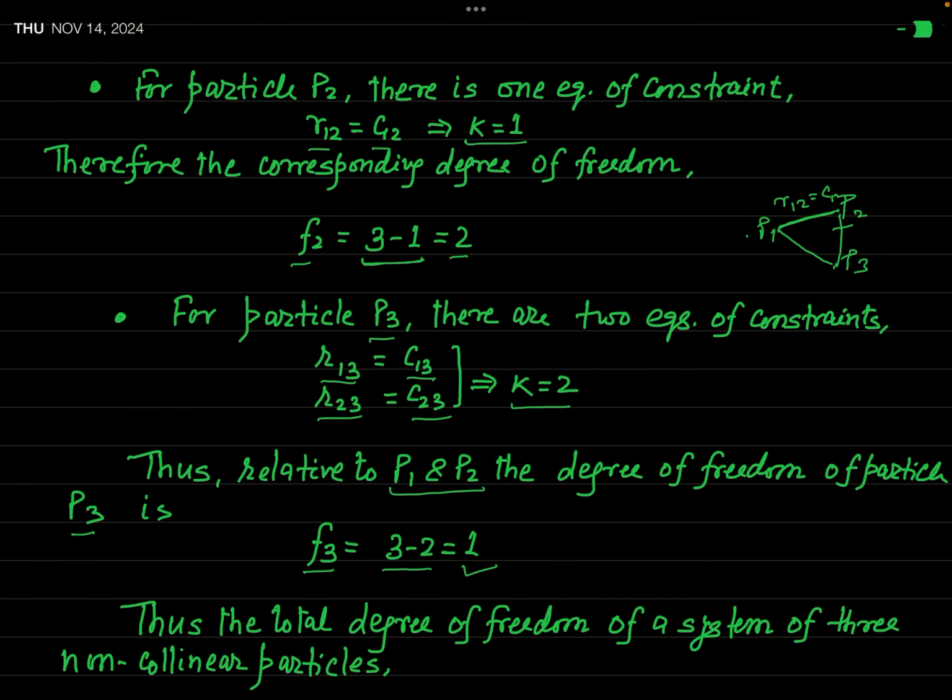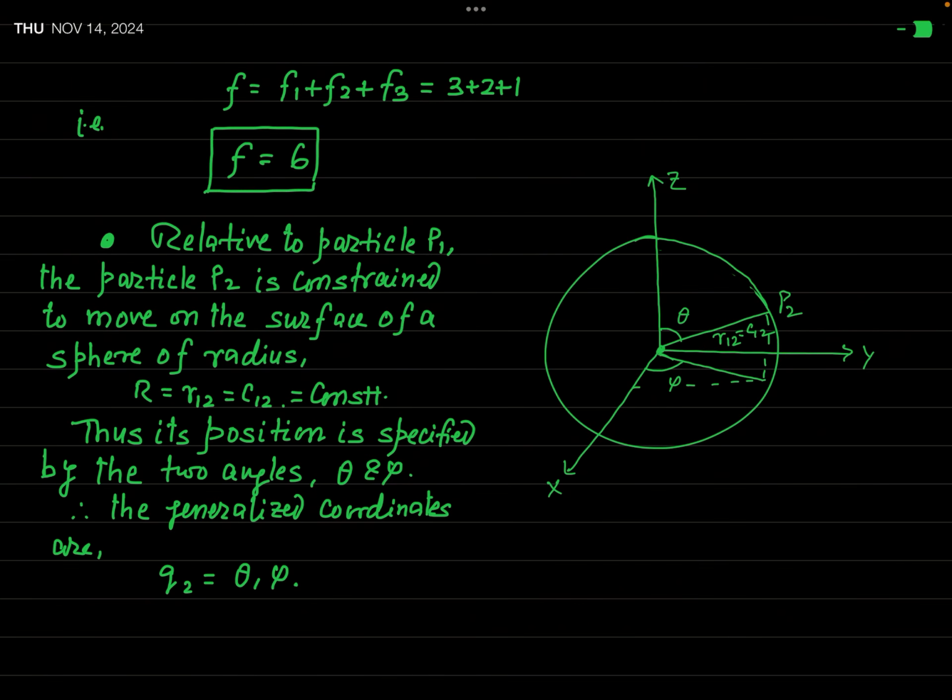So the total number of degrees of freedom of this system of three particles is simply the sum of all these. The total degree of freedom of the system of three particles, which is equivalent to the degree of freedom of a rigid body, will be equal to F1 plus F2 plus F3, that is 3 plus 2 plus 1, which is equal to 6.